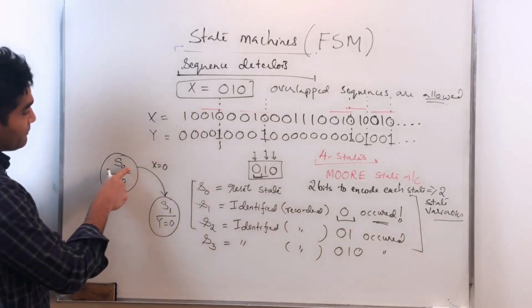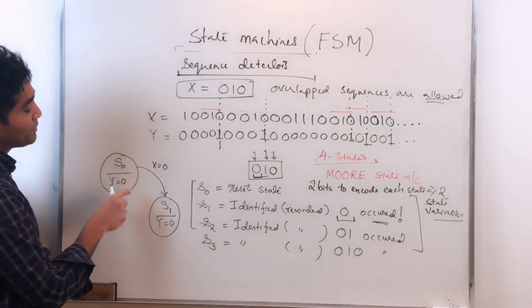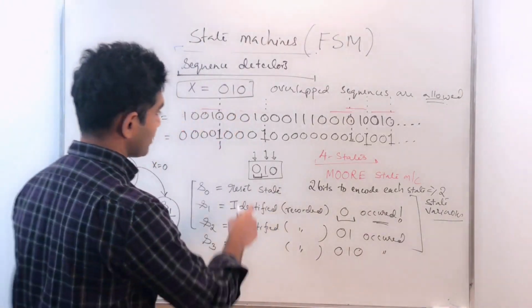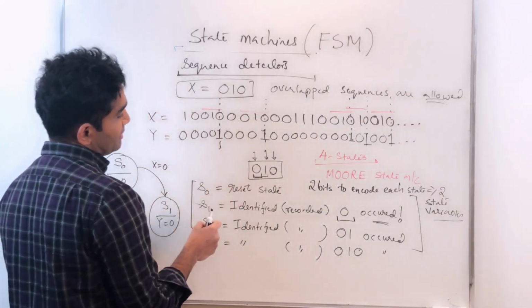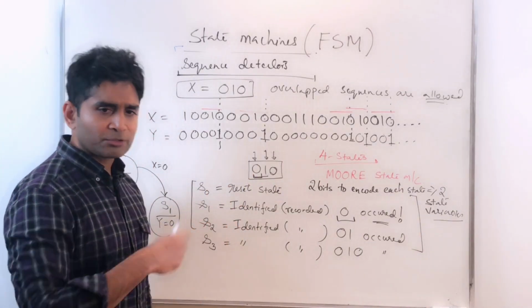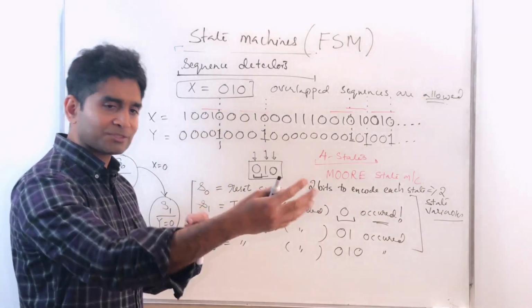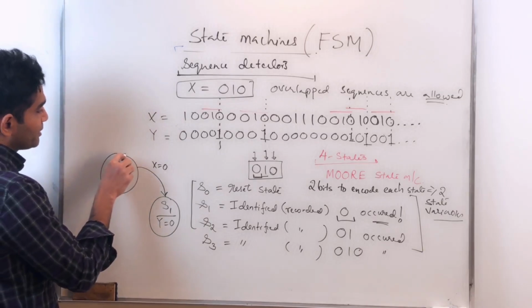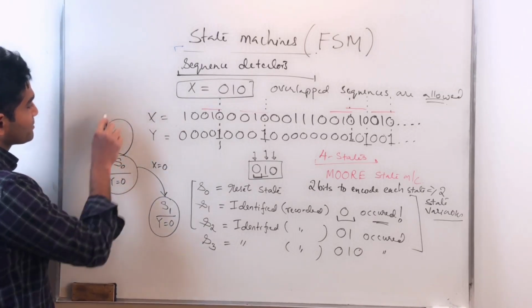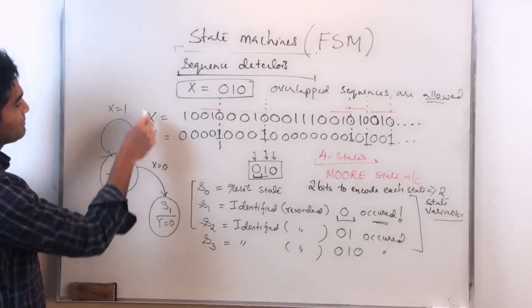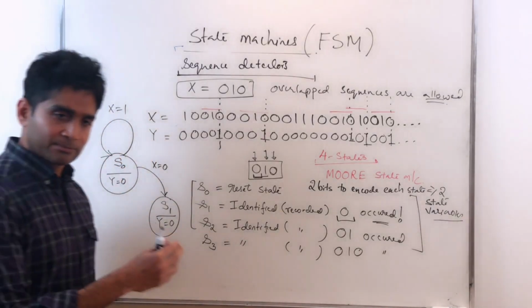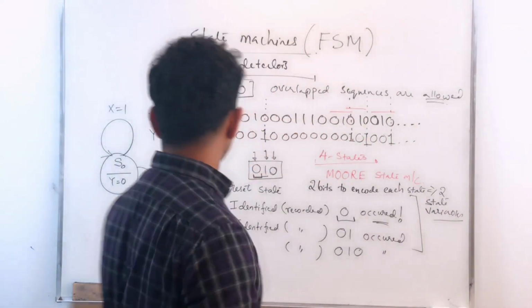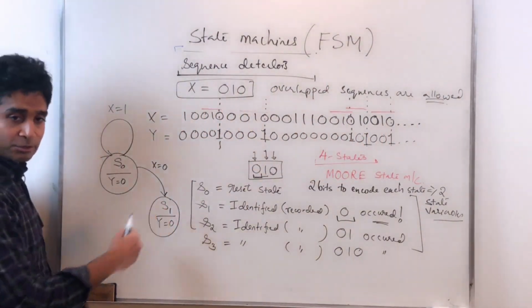Let's say I'm in the reset state, and x equal to 1 occurs. 1 is not the first bit of my sequence, so I need to reset and start looking for the next bit, right? So if I'm in the reset state, which is the S0 state, and x equal to 1 occurs, I remain in the same state. I reset and then start looking for the next bit. If the next bit is x equal to 0, then of course I transition to the S1 state.